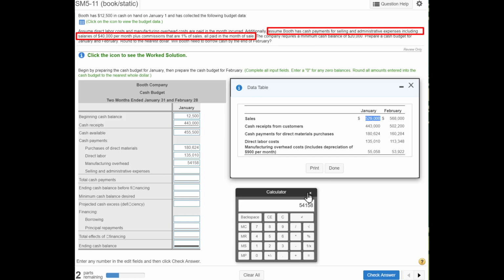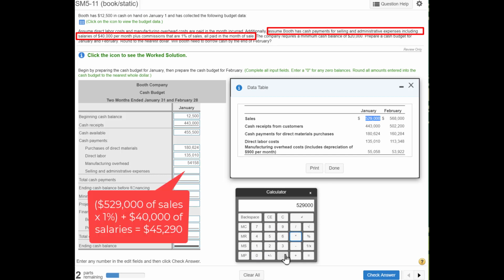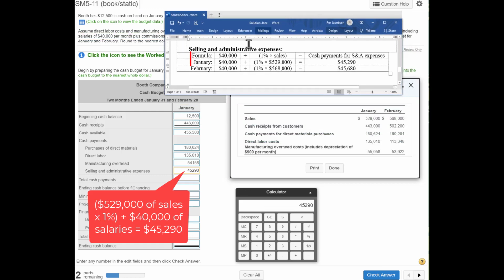So for sales, we're going to take $529,000 times 0.01 equals 5,290, plus 40,000 gives us 45,290. And here's the calculation right here. Formula: 40,000 plus 1% of sales. So 40,000 plus 1% of 529,000 equals 45,290.